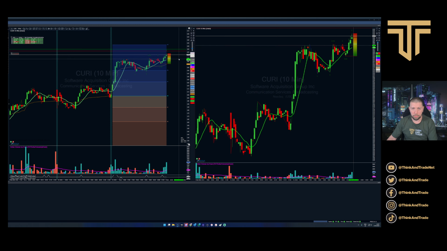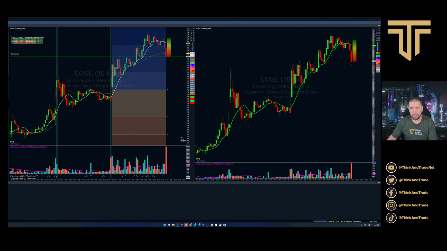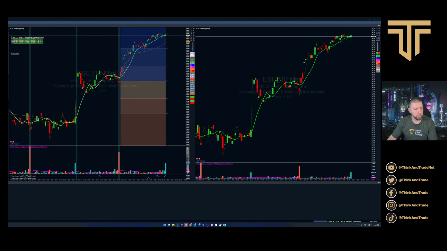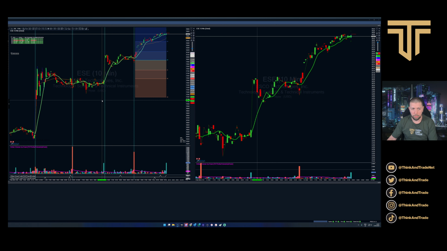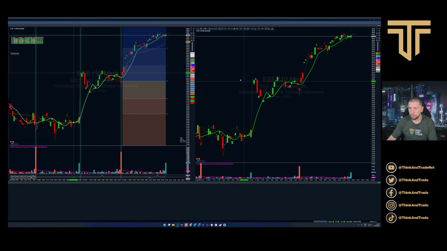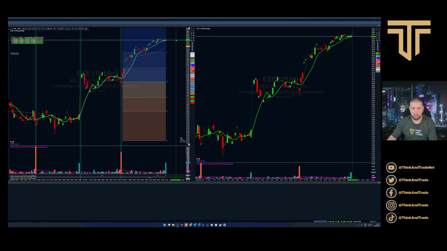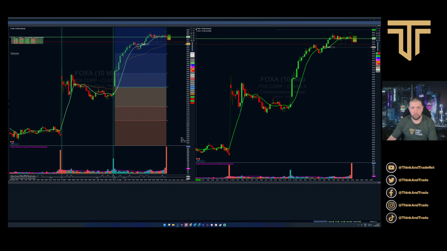This is also interesting, but I want to see it down here because I do not want to buy the top. This is way too tight here. Tight is usually good, but I'm going to have a look in the market open.